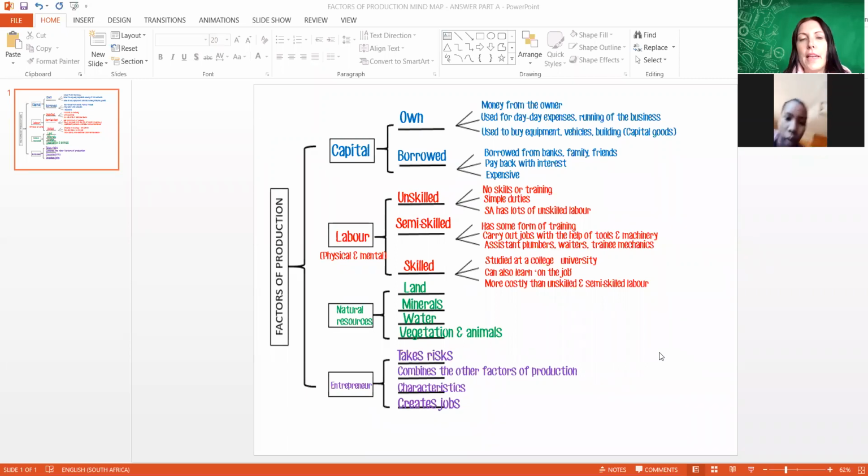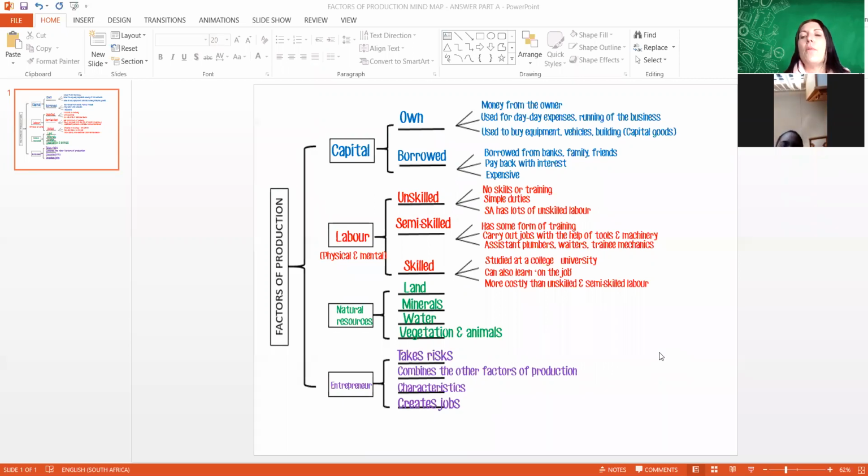We spoke about the factors of production last week, and we spoke about starting our own choc chip biscuit or cookie business where we're going to sell it. And then we spoke about all the things that we need to make those biscuits and everything that needs to go into running this business.